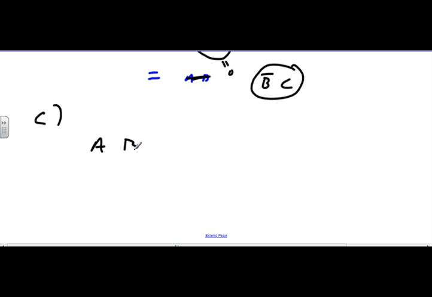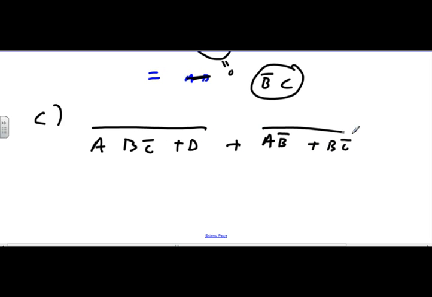A, B, C naught, or D, the whole thing knotted. Or A, B naught, or B, C naught, the whole thing knotted. Okay, so I've got A, B, C naught, knotted, D knotted, or A, B naught, knotted, B, C naught, knotted.